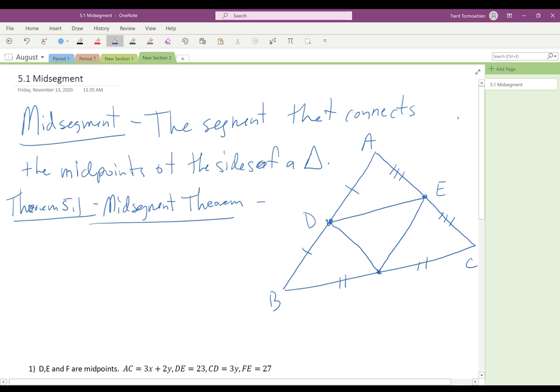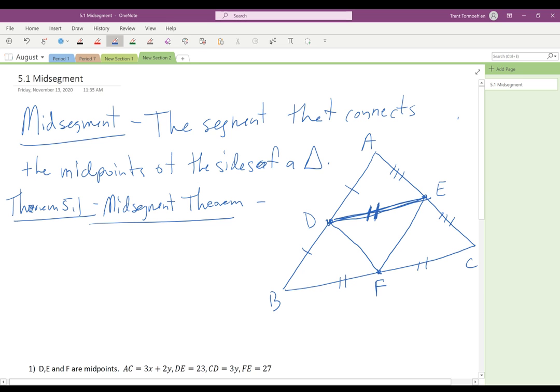When you look at this picture, and if I said, I want you to make a guess about some properties of DE as compared to BC, you could probably look at it and say, well, it really looks like those two lines are parallel to each other. And it turns out that that is a true statement, that DE is parallel to BC. And then you might also say, when you really look at it, it definitely looks like DE is probably congruent to BF.